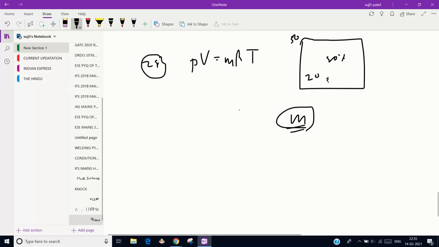First I tried 0.20 to find the dryness fraction and all that, but then I just used PV is equal to MRT. If I'm wrong, then please answer me in the comment section. Pressure is given as 400 kilopascal, volume 50 meter cube, and saturation temperature is given. At saturation temperature and saturation condition they are in equilibrium, so we have to use R value 0.287. So you can easily find M. Nothing to worry about that.